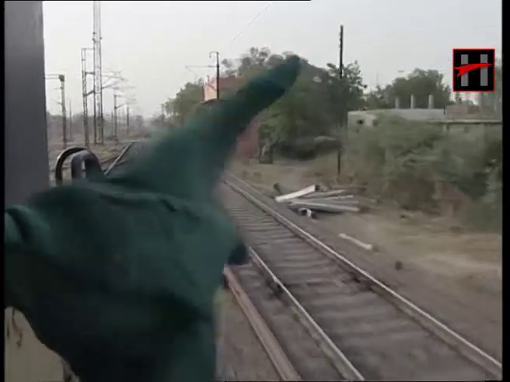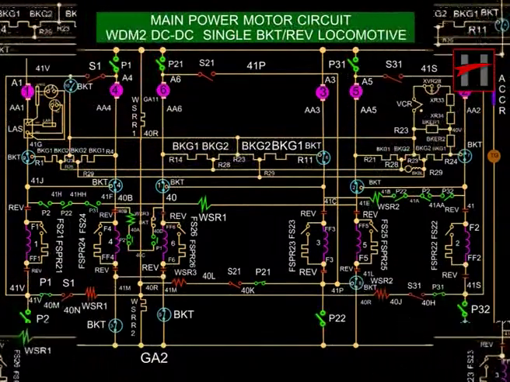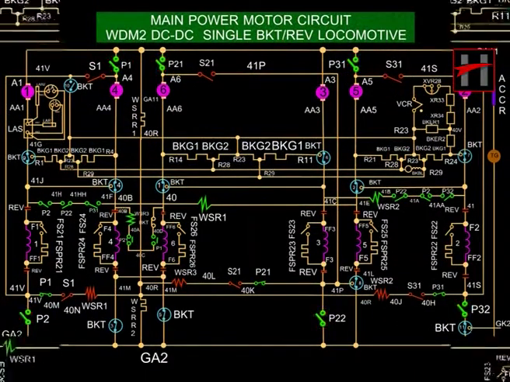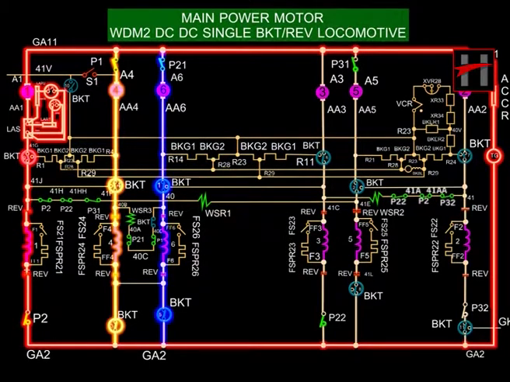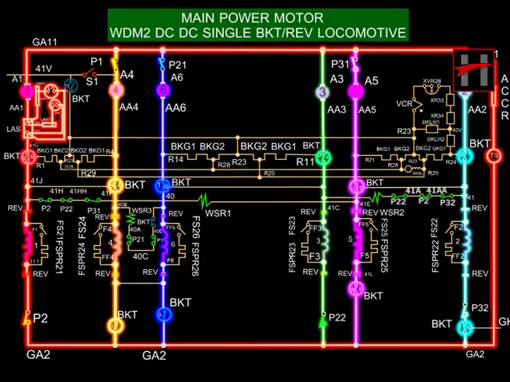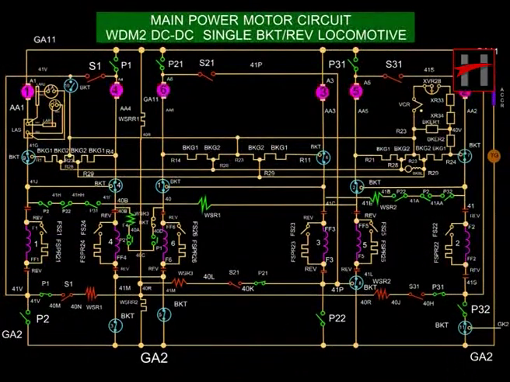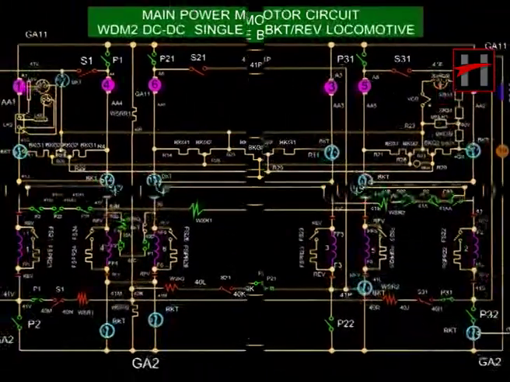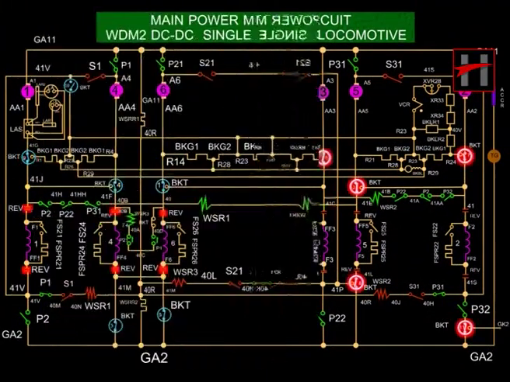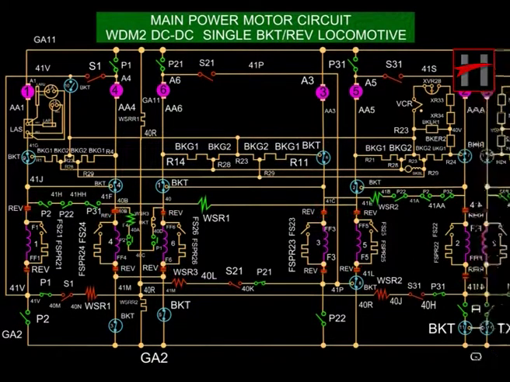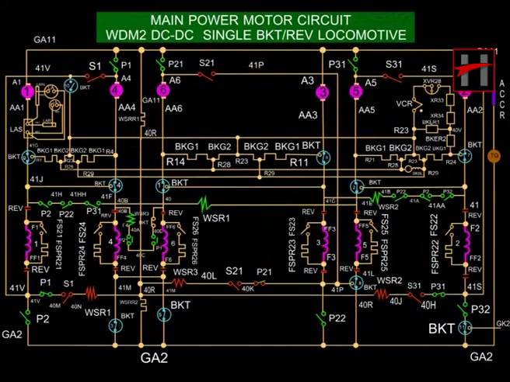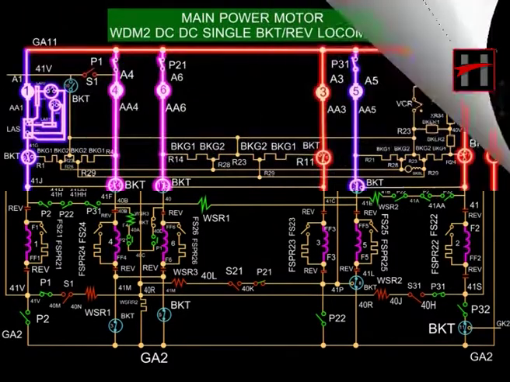As transition takes place above specified loco speed, the series power contactors drop and the parallel power contactors pick up, because of which all the 6 traction motors get connected in 6 parallel combinations between cable GA11 and cable GA2 through the main contacts of parallel contactors, armatures of the traction motors, main contacts of BKT in motoring mode, contacts of reverser, and the field of traction motors.